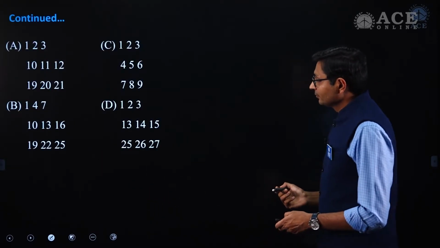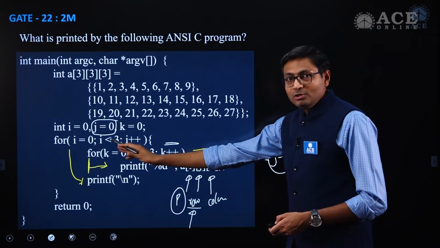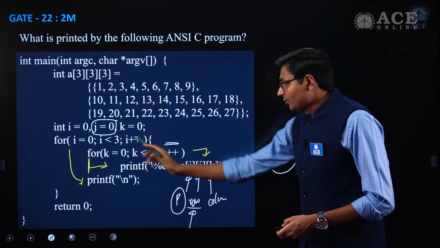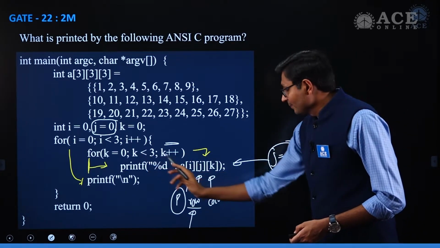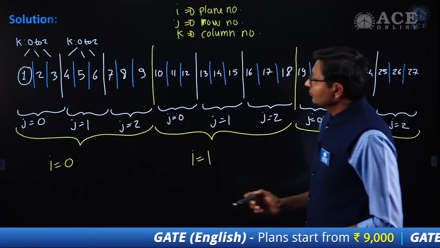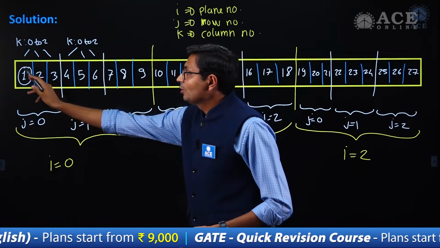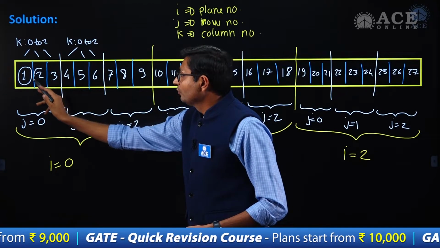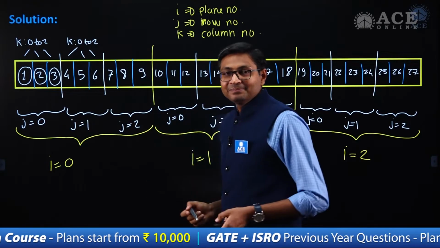Next is 0 again, 0, j is 0 and k is 1. So 0, 0, 1. 0, 0, 2, isn't it? So 2 will be printed and of course 3 will be printed. K plus plus again.